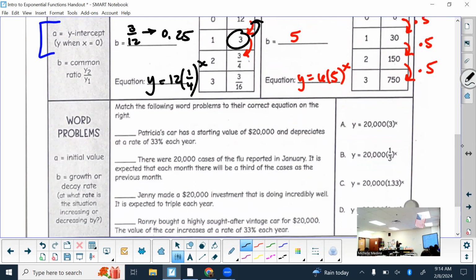The last part is the word problems, and it looks like we are matching. From the word problems, which is probably what we started with in math lab this semester, you want to use what equation as a reference? Like when there's a percent change, what equation should I use?